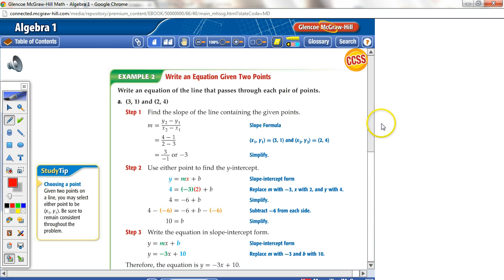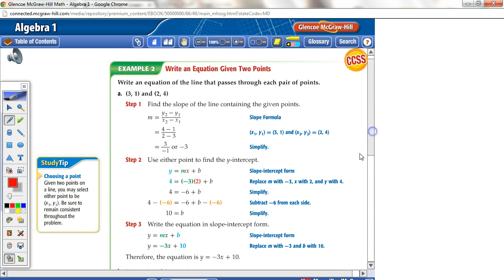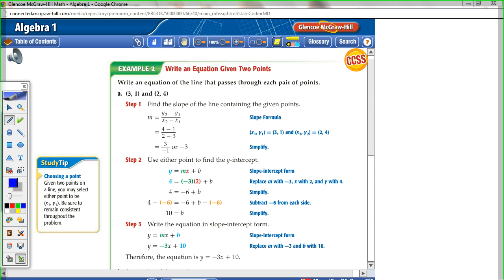Alright, next page. Now it gets a little bit more difficult when they give you just 2 points. Again, my equation is y equals mx plus b.